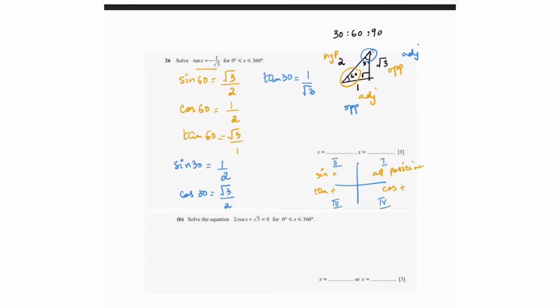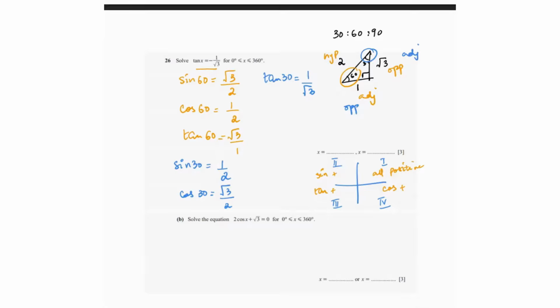Over here, our tan x is equal to negative 1 over root 3. So we've already figured out that it is the 30, 60, 90 ratio because that gives us 1 over root 3. But for negative 1 over root 3, that means our triangle is in the second quadrant, because in the second quadrant, tan is negative. It can also be in the fourth quadrant because that's where tan is negative as well.